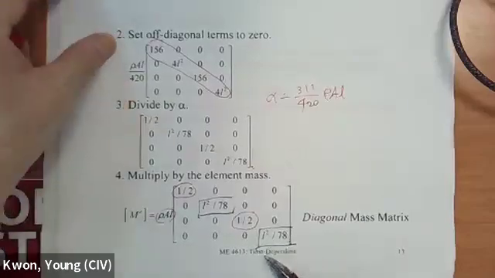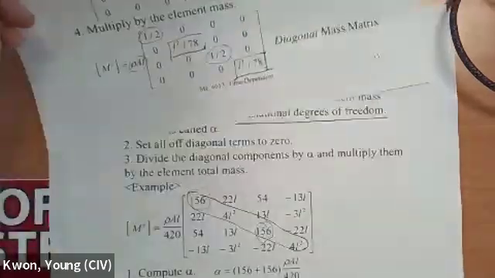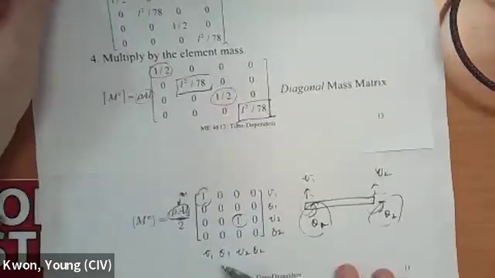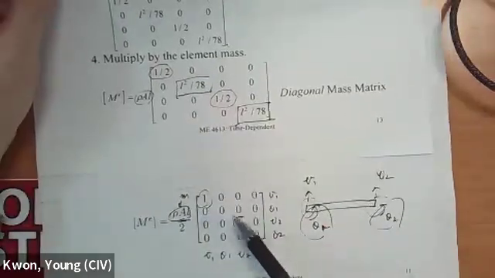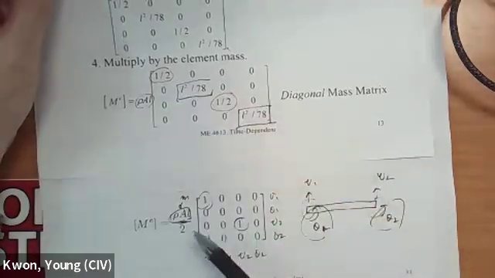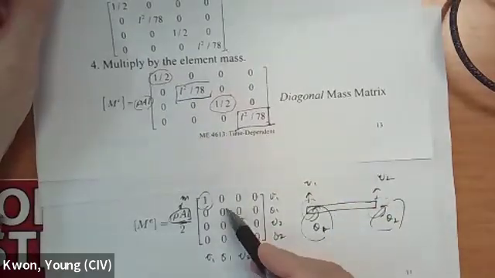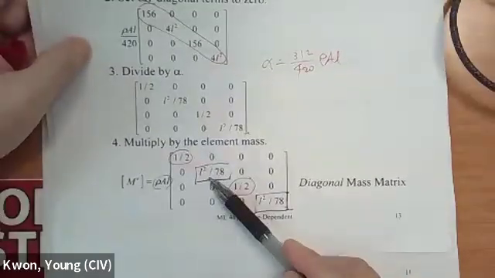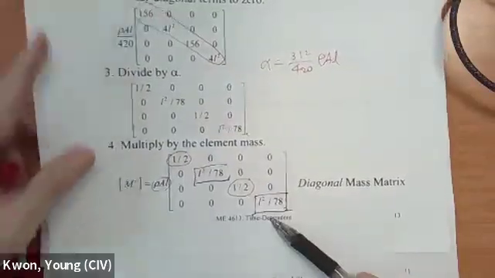So if you compare this one to this mass matrix, this and that are exactly the same, except that this 0 value is replaced by this L squared over 78.